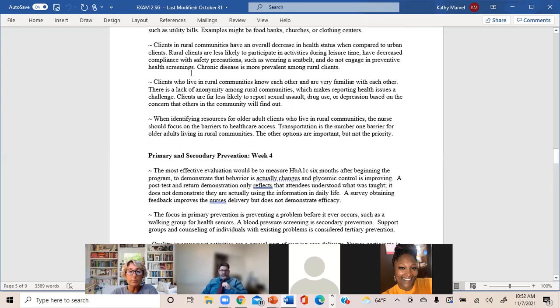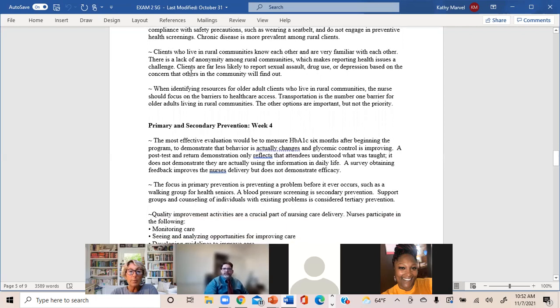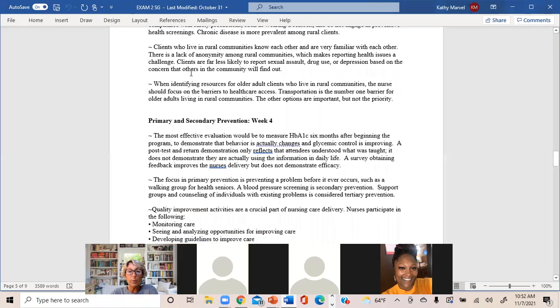that are more prevalent. And then this next one we talked about in class: clients who live in rural communities know each other, very familiar with each other. Everybody knows everybody. There's a lack of anonymity among rural communities, which makes reporting health issues a challenge, right? Clients are far less likely to report sexual assault, drug use, depression.